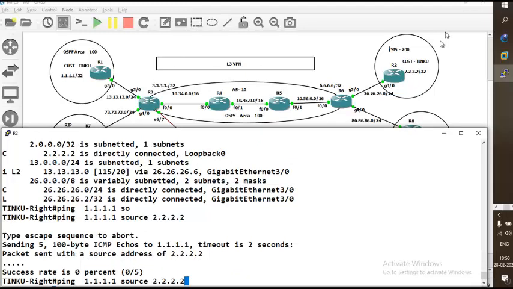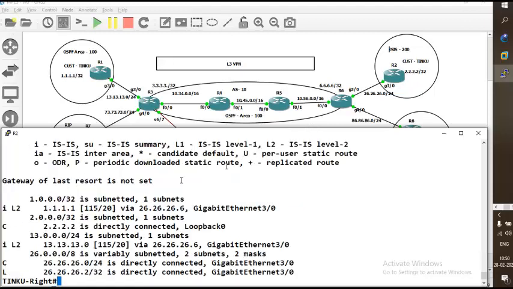BGP to ISIS is fine because I'm seeing the route here. From the BGP tunnel, I have received the route, no problem. But I'm not seeing the route from the right-hand side customer to the left-hand side.